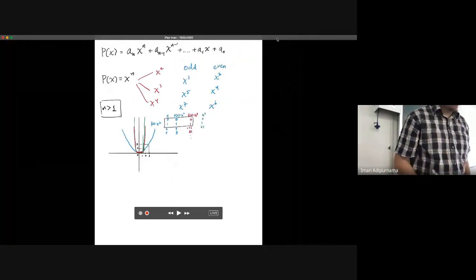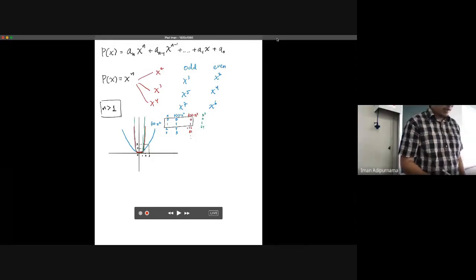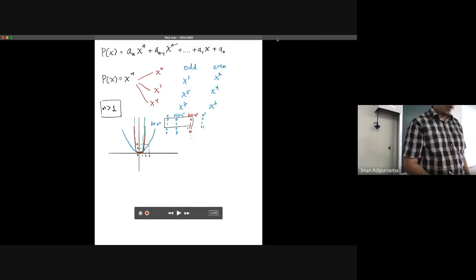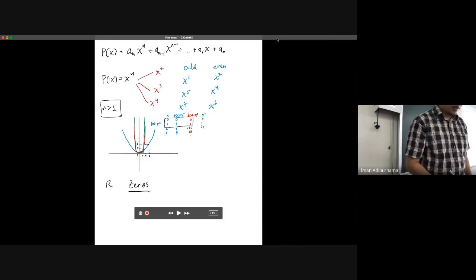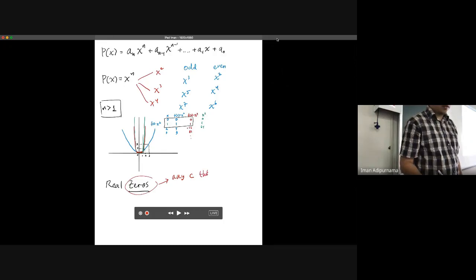And then another important point in the polynomial is that we will deal with the zeros, or the real zeros. Real zeros mean any number that makes P(x) equal 0.